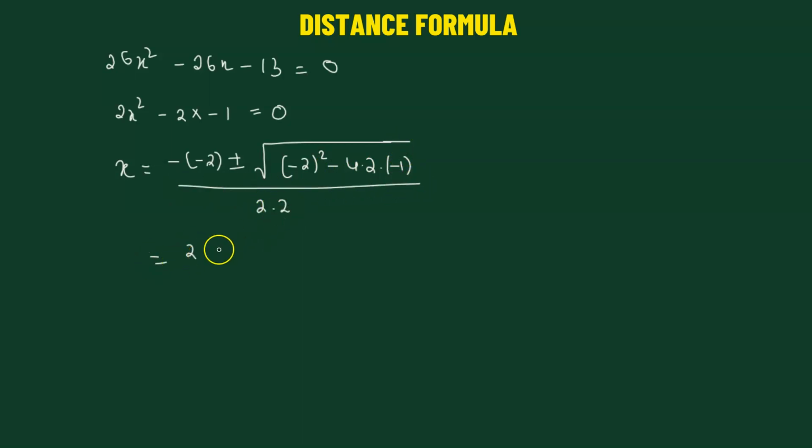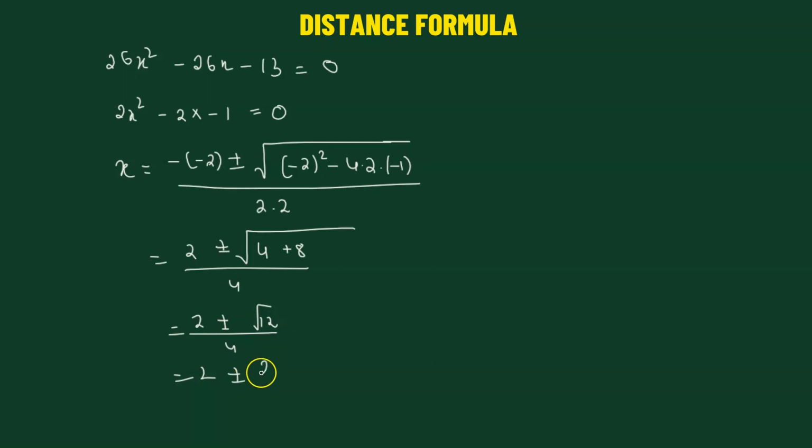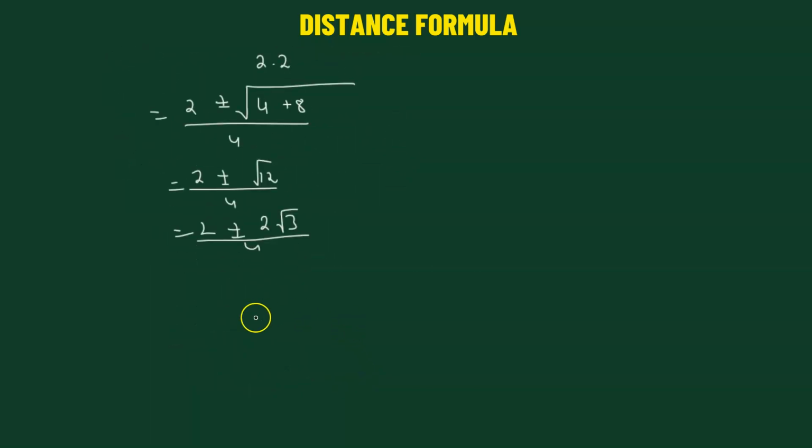So that gives us 2 plus or minus, underneath the square root we have 4 plus 8, divided by 4, which is equal to 2 plus or minus square root of 12 divided by 4, which is 2 plus or minus 2 times square root of 3 divided by 4. So we get x equals 1 plus or minus square root of 3 over 2. Fine. So we have obtained the value of x.